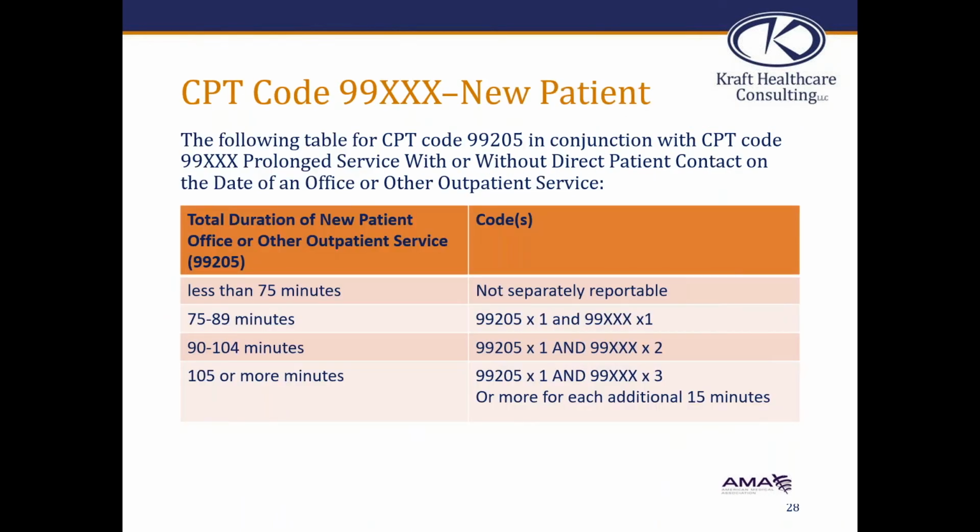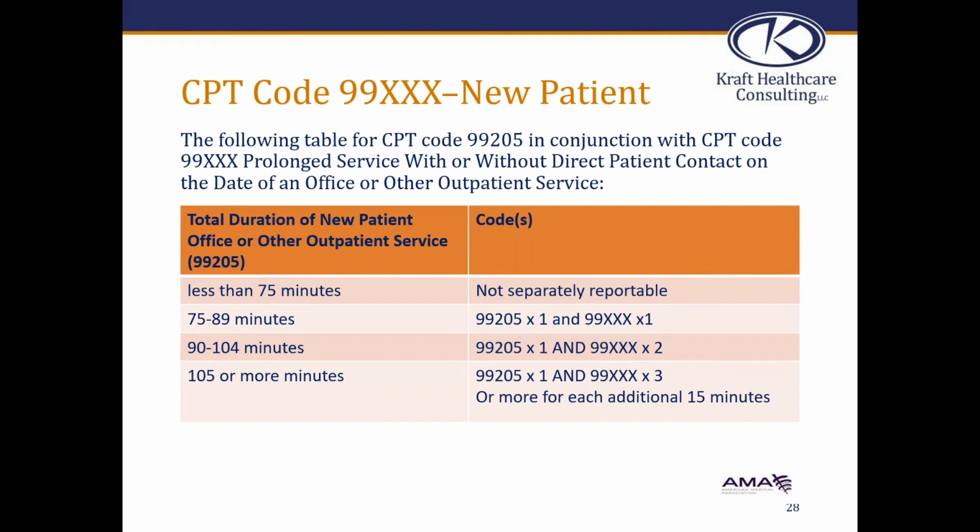And here's the table that we talked about. This is for a new patient. So if you spend less than 75 minutes and you've already decided your code is a 205 based on time, then you cannot report it separately.